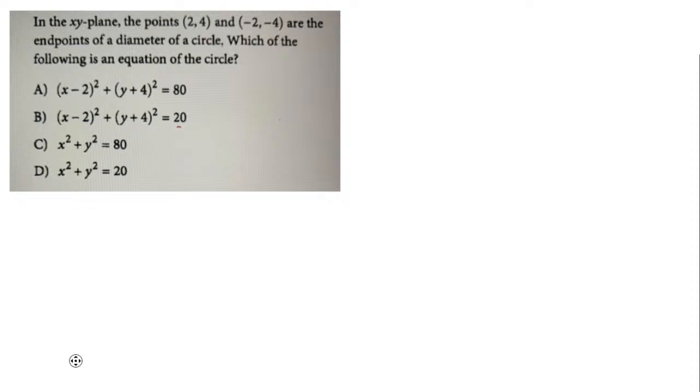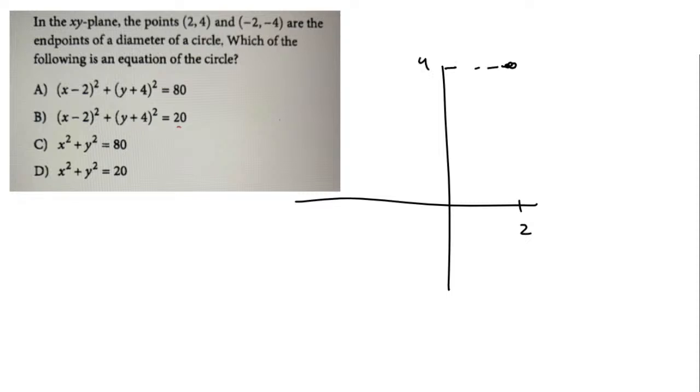Okay, another question. There are 2 points. Let's draw them. 2 and 4 is here, and minus 2 and minus 4 here. Endpoints of a diameter of the circle. That's great.